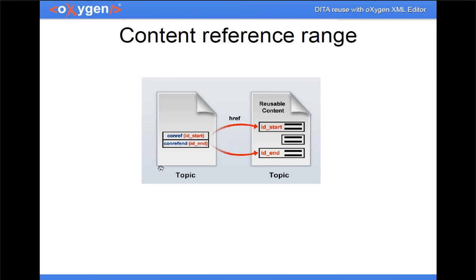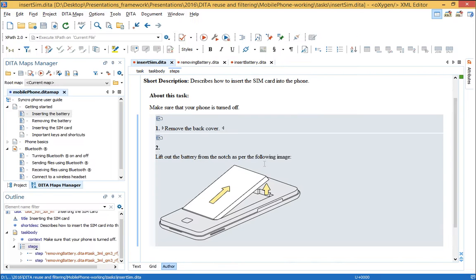What differs with this content reference range is that you will specify the ID of the start element and an ID for the end element, and all elements in between this entire range will be pulled into your topic. So instead of reusing the steps individually like we have, let's use a content reference range instead.